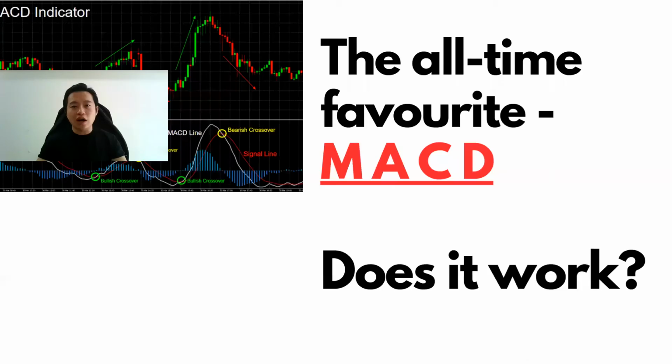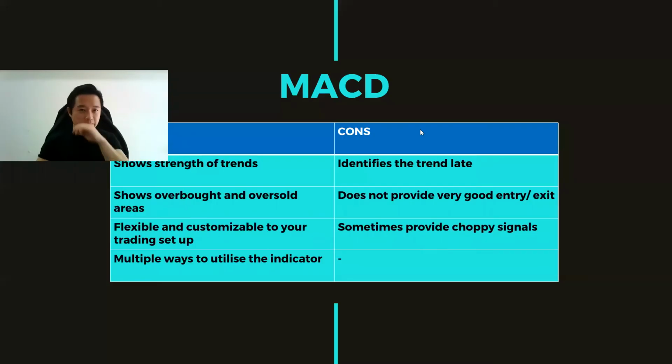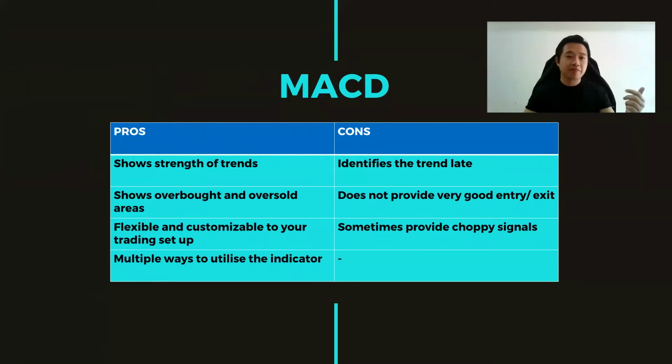Let us first talk about the pros and the cons of the MACD. The pro of the MACD is that it shows the strength of trends. For example, we do not typically go for the crossover in the middle area. We want to go for the crossover at the overbought area or at the oversold area, right?